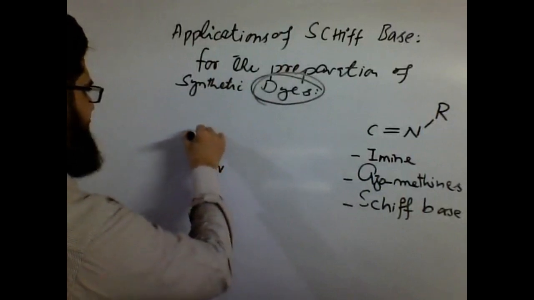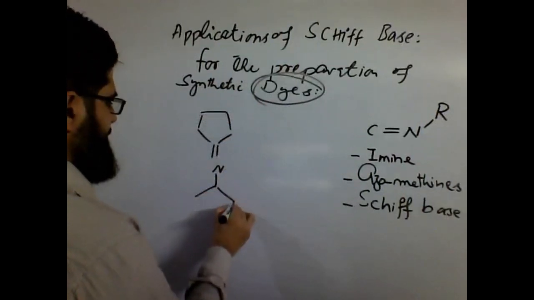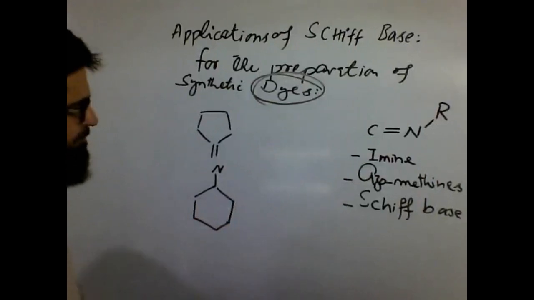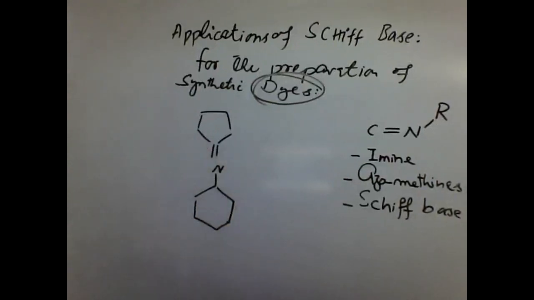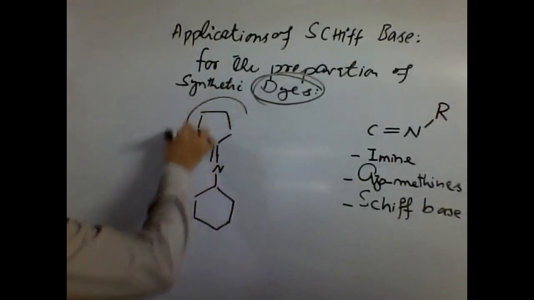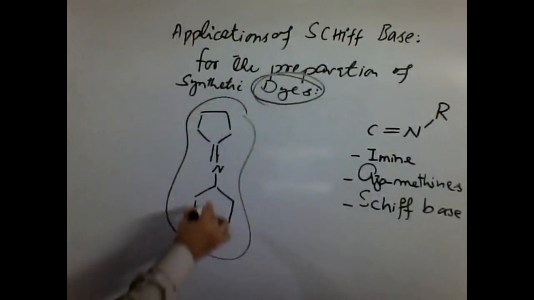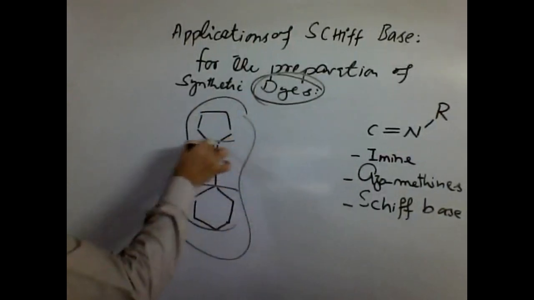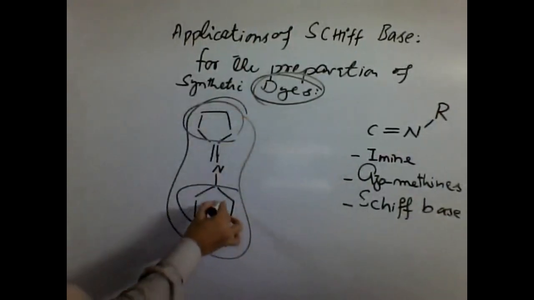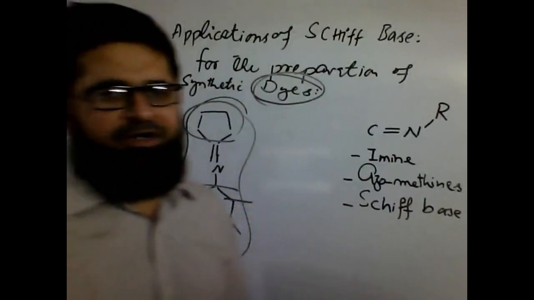So compounds wherever you find a double bond between carbon and nitrogen, that compound is considered a Schiff base. We don't need to look around the substituents, whatever they are, whatever their chemistry, aromatic, non-aromatic, aliphatic.